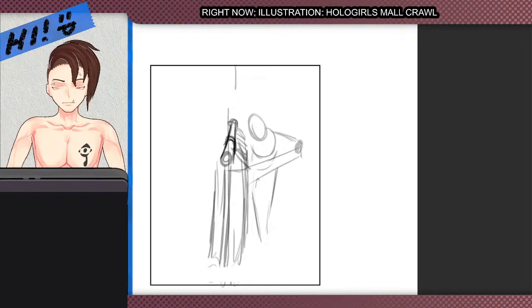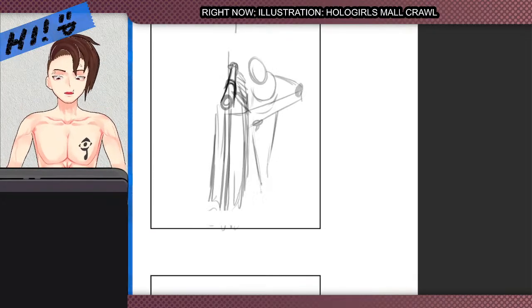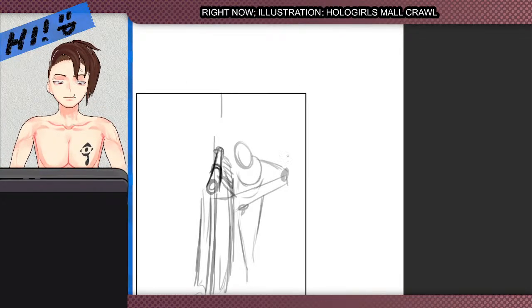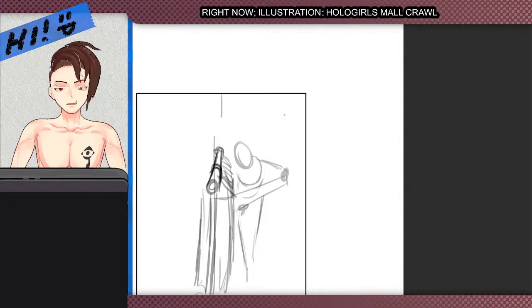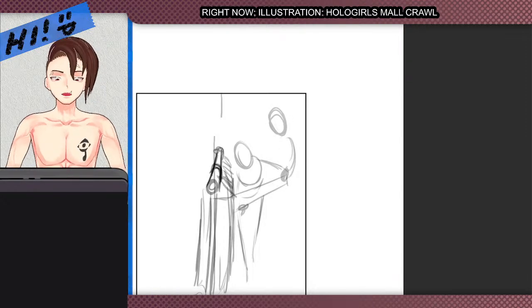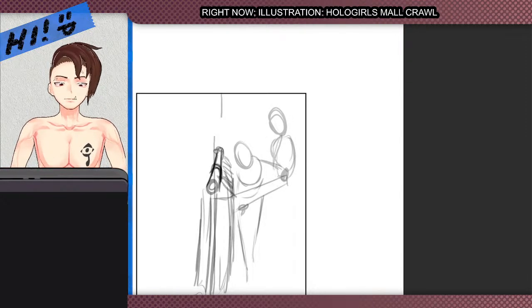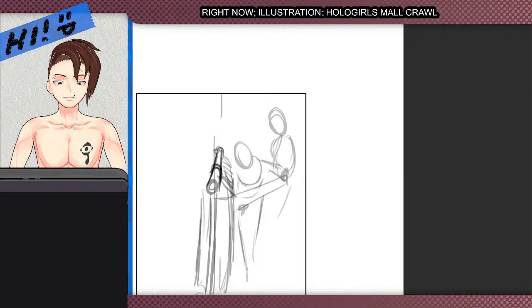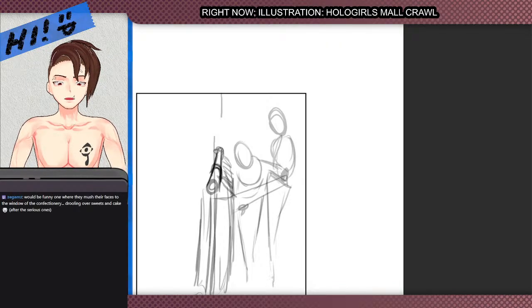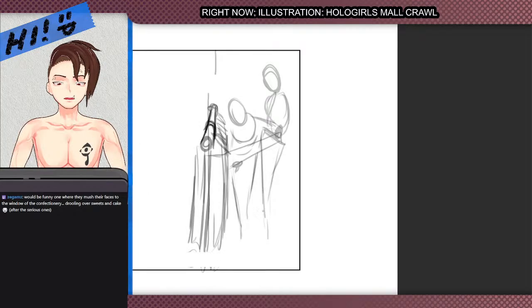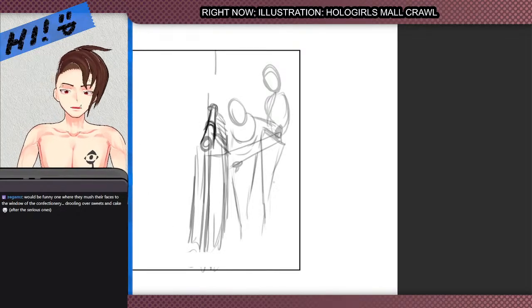And then another one standing next to her, like, will it be good or not? Maybe this kind of stance where one hip is higher than the other one.